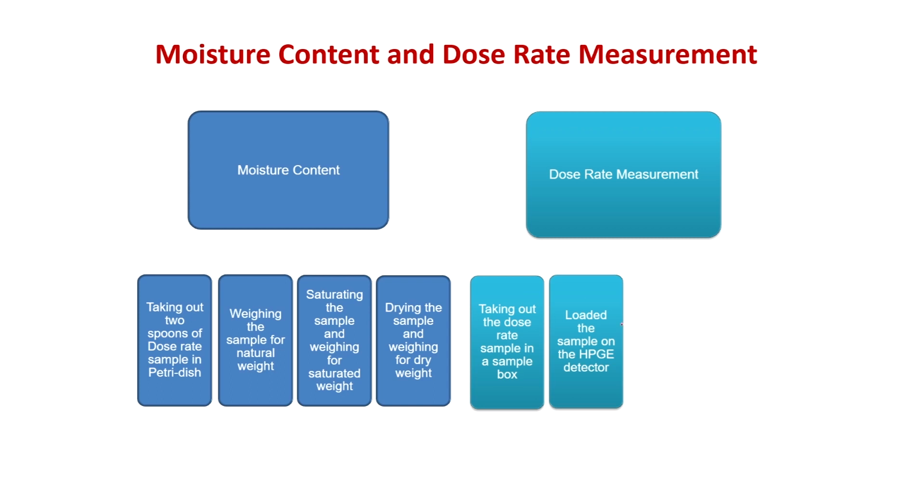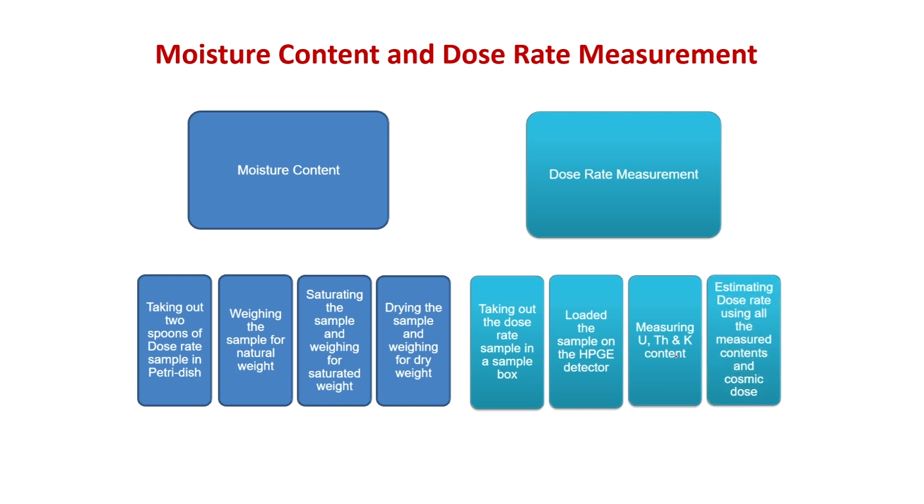Then we use the detector, that is the HPGe gamma spectrometer, for measuring the uranium, thorium, and potassium content, mainly. This is used along with the cosmic dose to measure the dose rate.